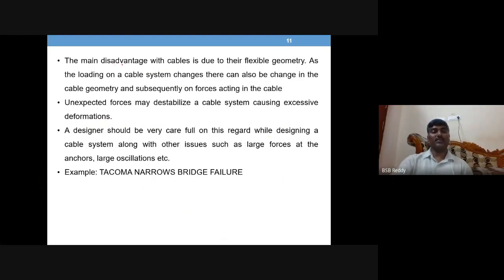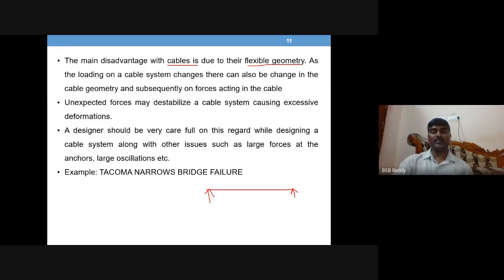The main disadvantage with cables is due to flexible geometry. As the loading on the cable system changes, there can also be a change in the cable geometry and subsequently in the forces acting in the cable. I'll explain this in a simple way. Imagine that there is a cable tied to two supports.